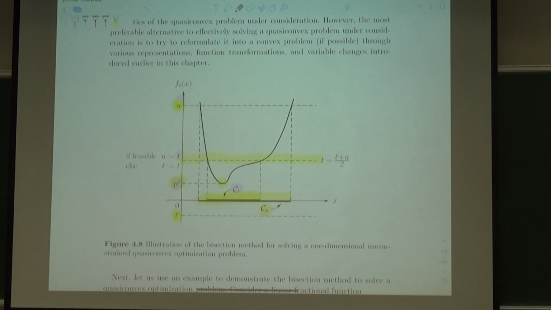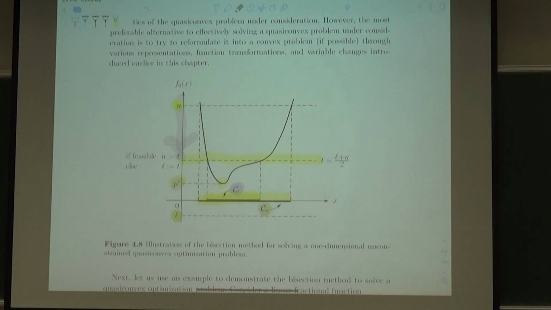When you lower u, you convert your feasible set from C_u to C_t, which is smaller. But if you set your lower bound to l, is the set feasible?